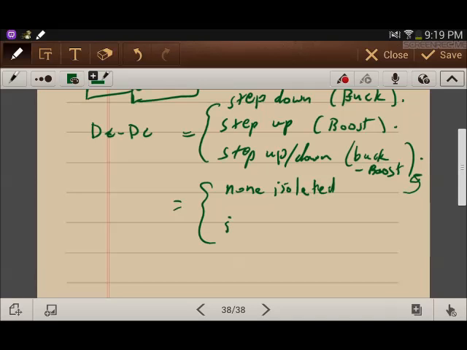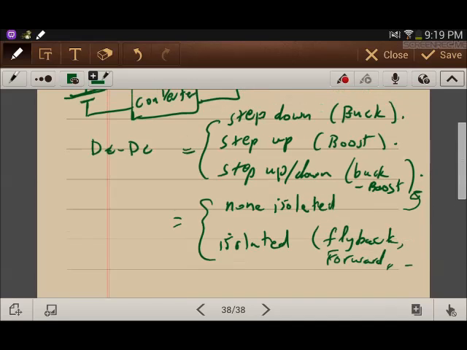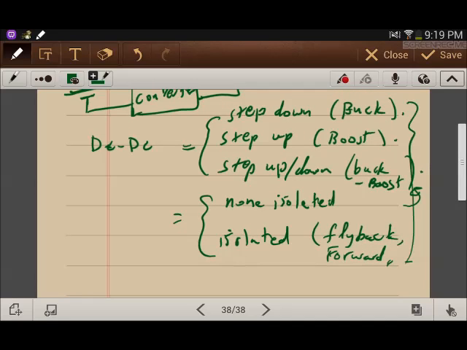Or isolated DC to DC converters, and these have too many types, like for example flyback converter or forward converter, and so on. So we will go through all these types in this chapter.